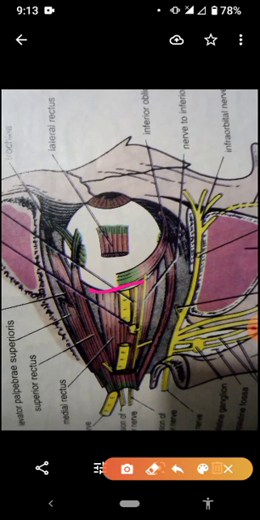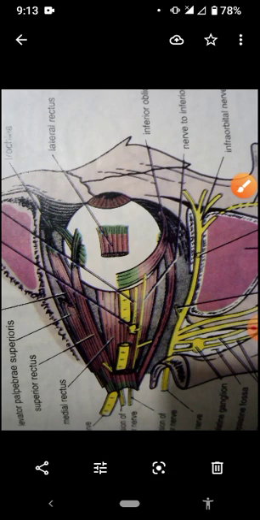These are the sphincter pupillae, the dilator pupillae and the ciliary muscle too. These muscles are related to constricting or dilating the pupil. This is the ciliary muscle over here. So these are just for the constriction and dilation of the pupil in case of light variations.